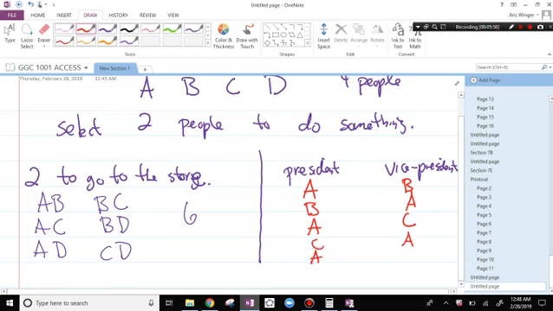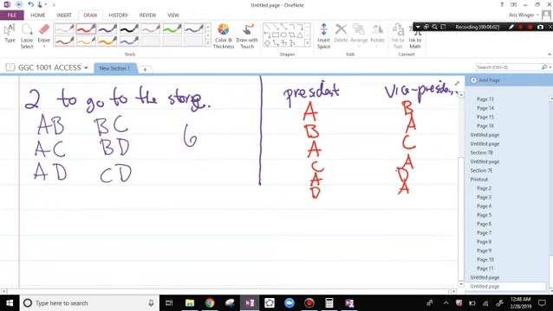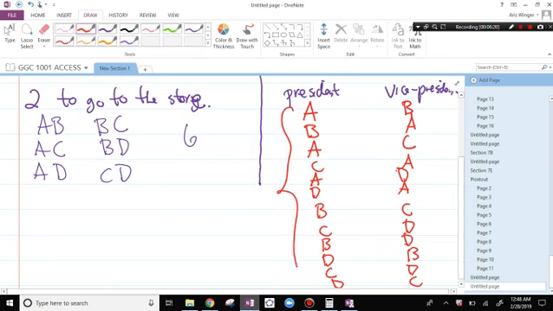A could be president and D could be vice president, or reversed. And so forth. B could be president, C could be vice president, C could be president, D could be vice president, B could be president, D could be vice president, D could be president, or B could be vice president, or C could be president and D could be vice president, or D could be president and C could be vice president. So this now is 12 ways and that is 6 ways.